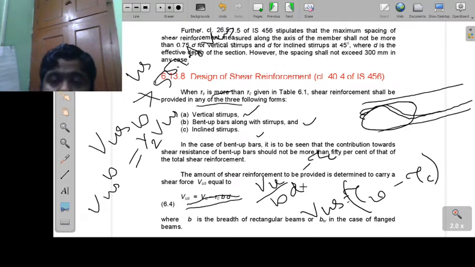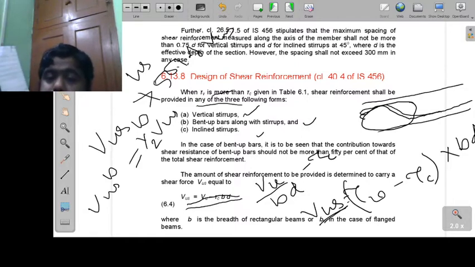Now if you multiply this equation by bd, you will get the same thing. Tau v minus tau c is basically the amount of shear stress. If you multiply this with the cross sectional area of the section, it will give you the shear force.